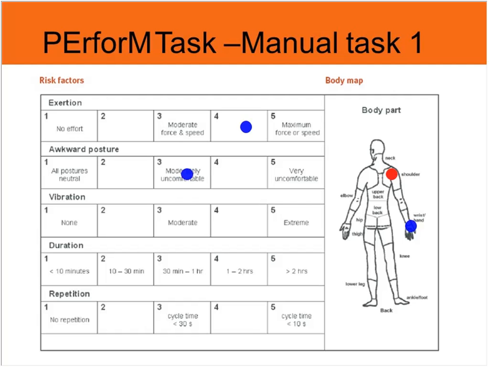So looking at the awkwardness of that posture, the wrist was in some moderate kinds of awkward postures, so it certainly wasn't neutral, but it probably wasn't towards the extreme range of movement. There was no vibration in that task. Remember, we're talking about mechanical vibration, so definitely no vibration there. Now, the duration you should have had over 2 hours.